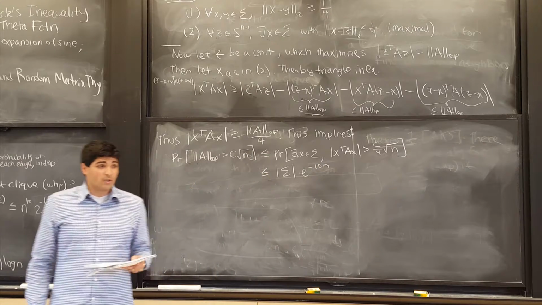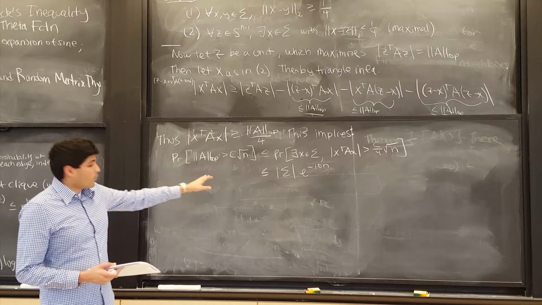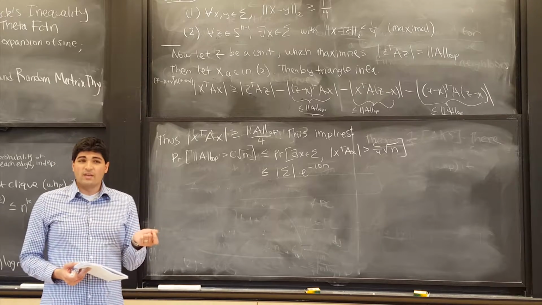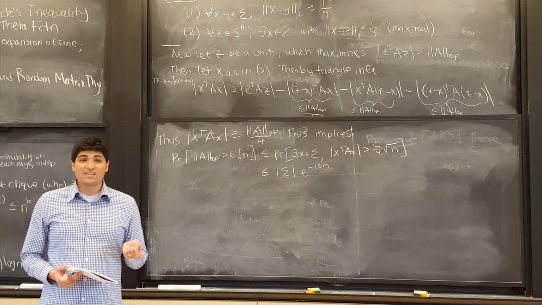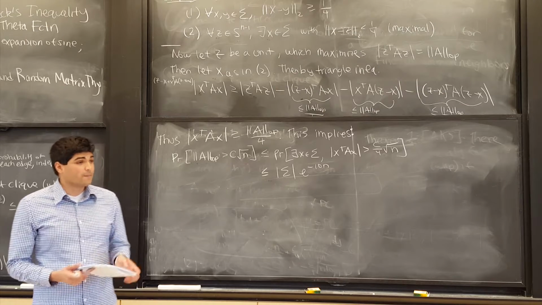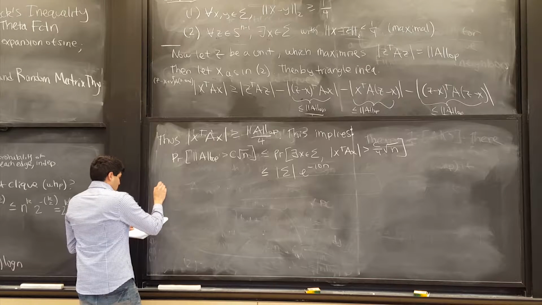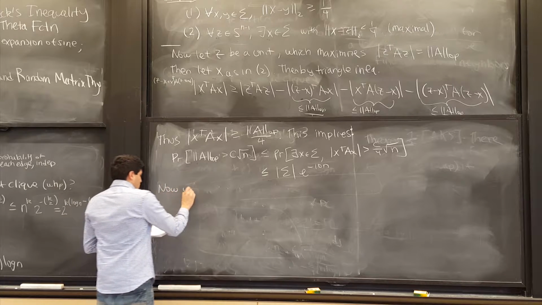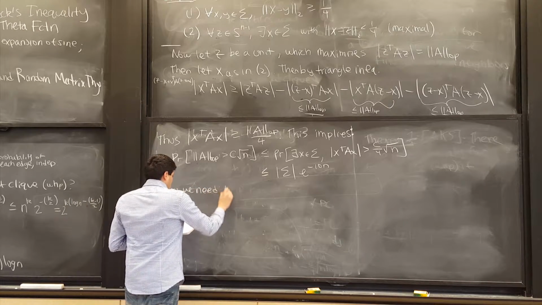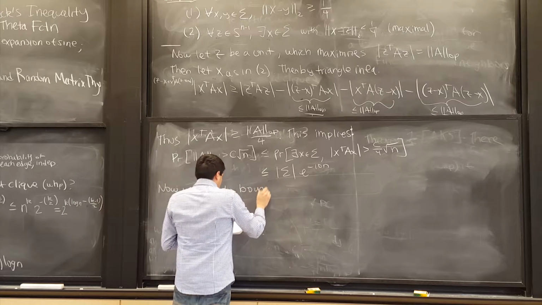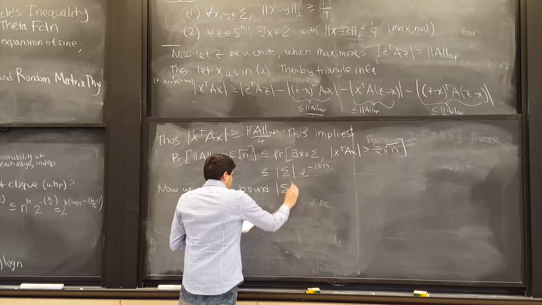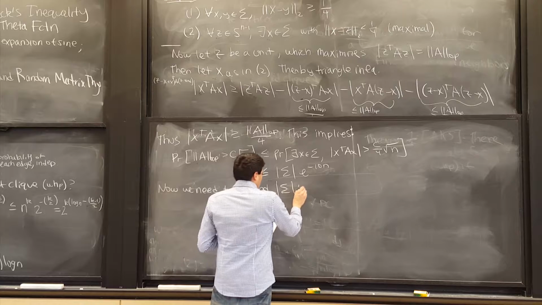So once we set c prime, for example, to be c over 4, what we really care about now is this one remaining detail: how large is the set sigma? All that remains is to bound the size of sigma to finish the proof.